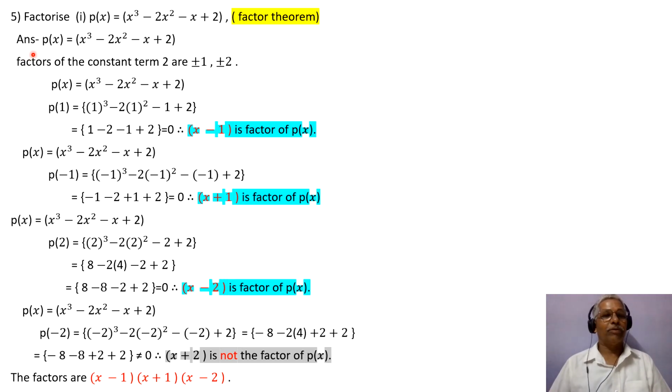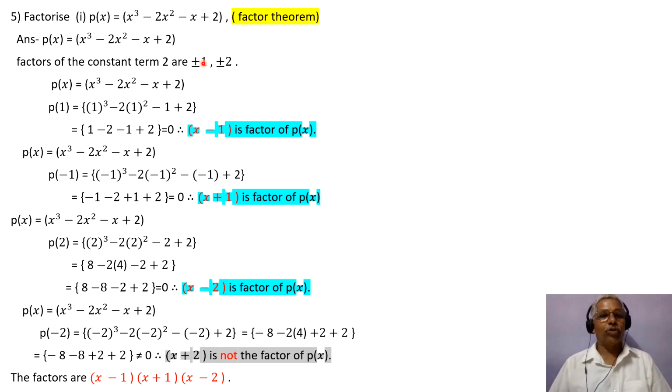Answer: copy down all this polynomial as p(x) here. Now, the factors of the constant term 2 are plus minus 1 and plus minus 2. So we need to find a zero of the polynomial, if at all it is in this.